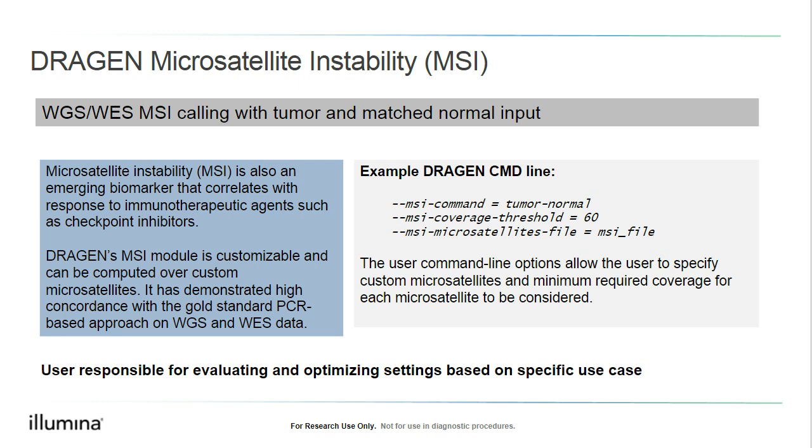This, like the TMB, is customizable, meaning you could provide a coverage threshold as we show over here in the command line, and then you can bring in a microsatellites file, again over which we would call MSI regions. So once again, this is something that the user can bring in, but the user is also responsible for evaluating and optimizing these settings based on their specific use case.